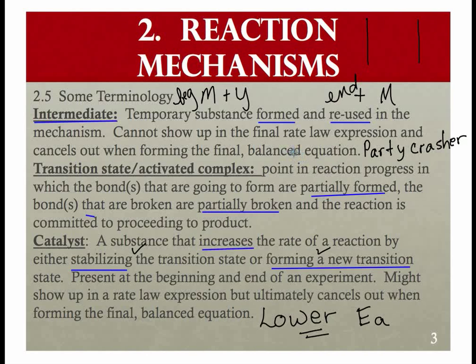The party crasher shows up in between. It's formed and then it's reused in the mechanism. It goes away. So this is not present at the beginning. This is only present at the middle parts, whereas a catalyst is there at the beginning and the end.